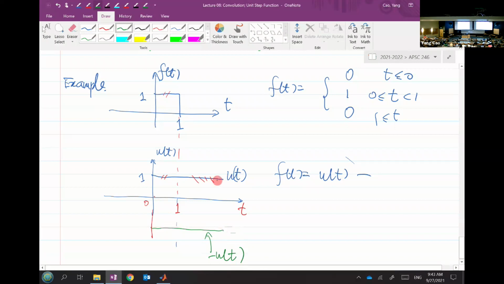But can I just simply minus the green one? If I minus the green one, then I'm also getting rid of this part here. I don't want to get rid of this part, I only want to get rid of this part here. So that's where the answer comes in: you have to shift this one to the right. So shift it to the right.